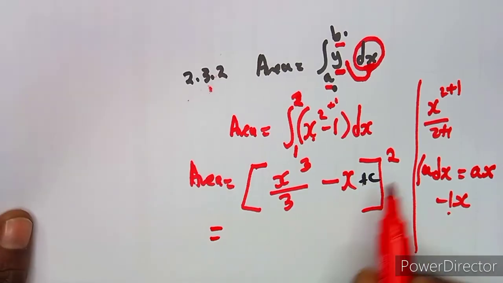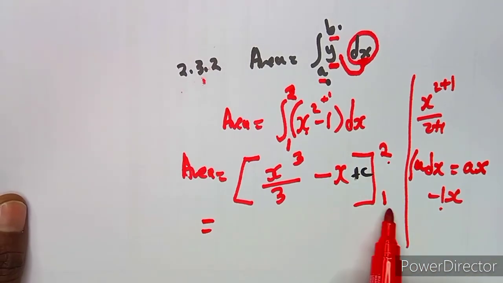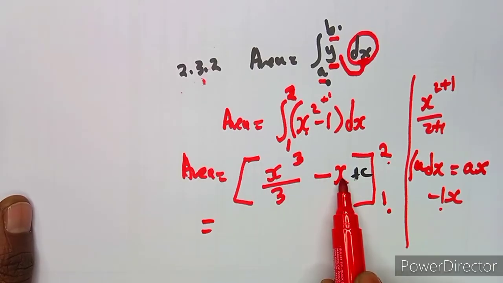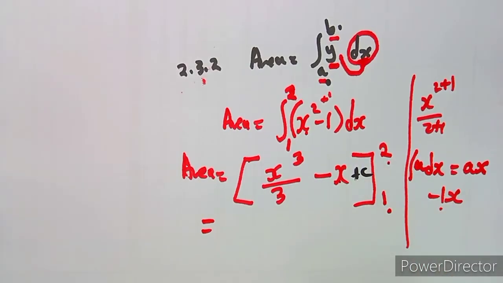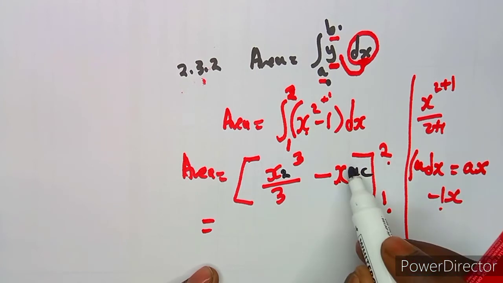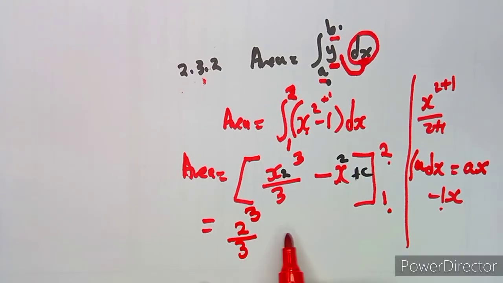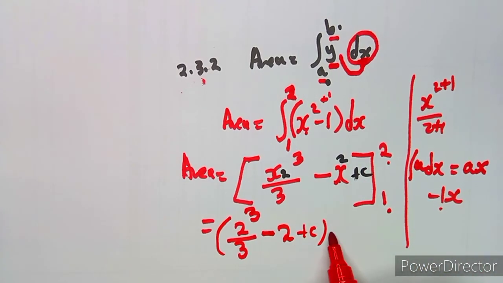Now you can substitute the upper limit minus the lower limit. In place of x, everywhere where there is x, you substitute 2. So it's going to be 2 to the exponent of 3 over 3 minus 2. If you wrote the C, then it's going to be plus C, but this one does not matter at all.